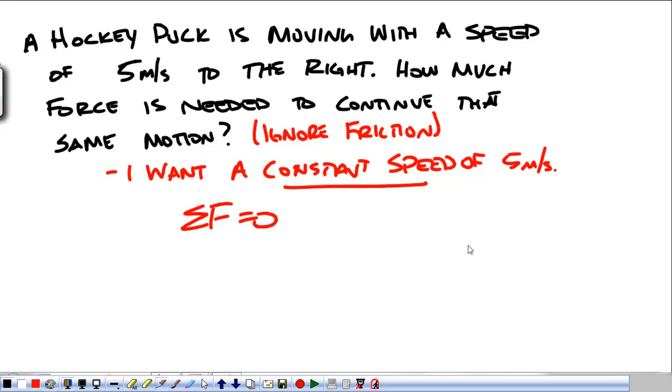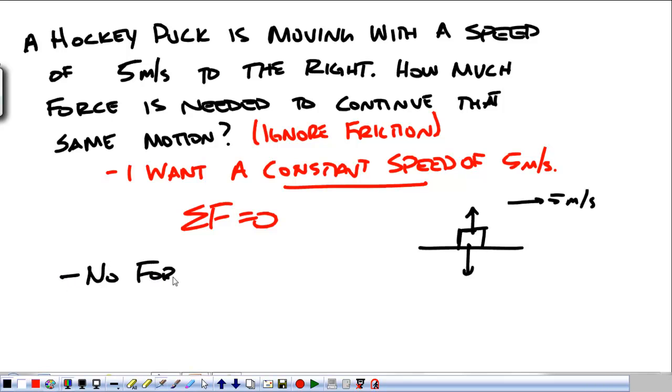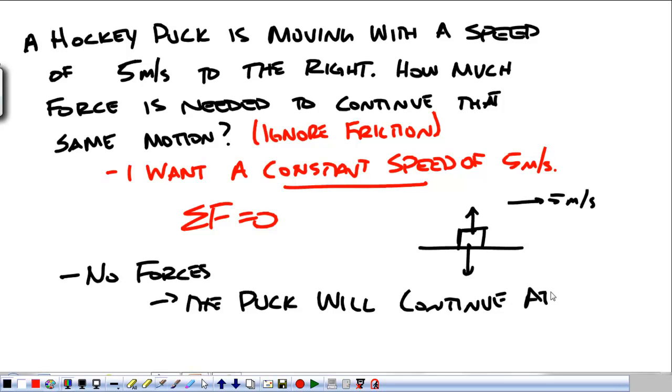So if we look at this hockey puck, it's got weight and the ice is pushing up on it, and it's moving forward at 5 meters per second. But there are no forces pulling back, so I don't need to do anything. The puck will continue at 5 meters per second forever until something else acts on it.